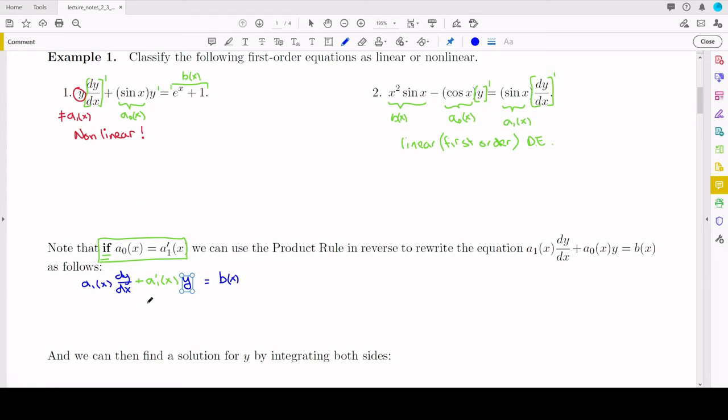So what we can do here is write this as the derivative of a1 of x times y, and that equals b of x.